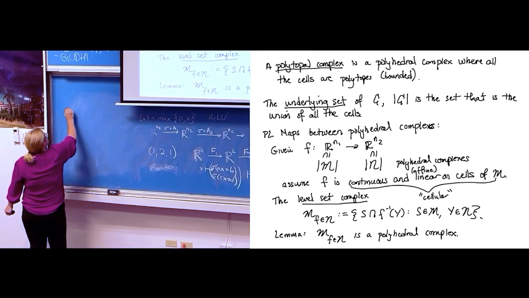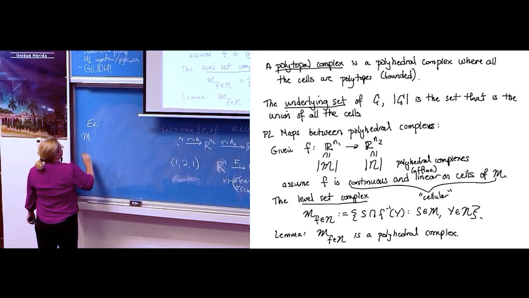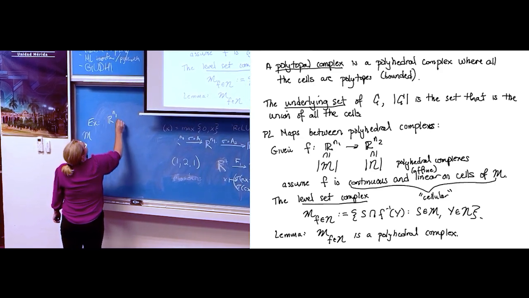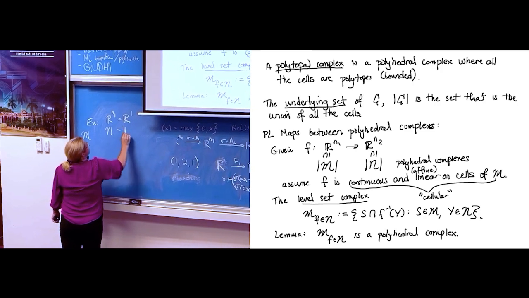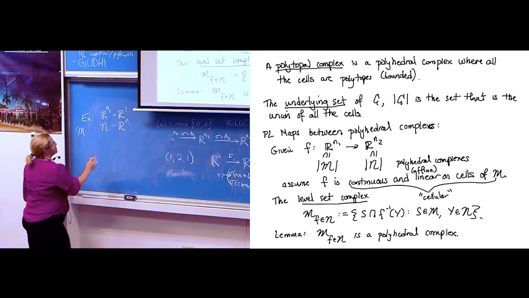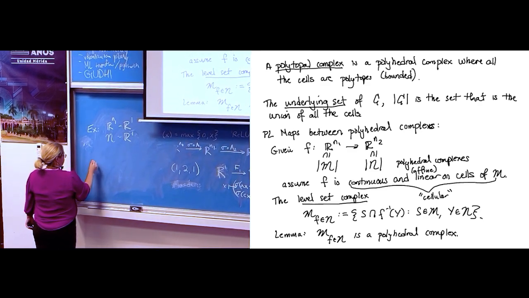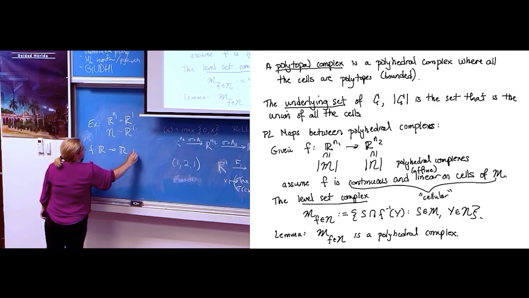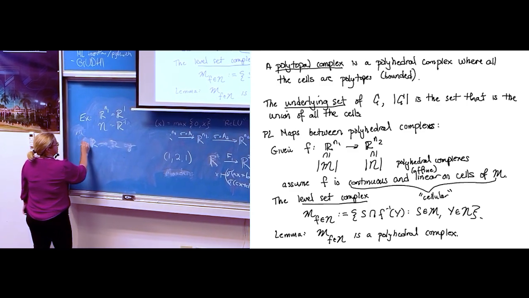Here's an example. Let's say we're going to be on R^1, and N is also R^1, and my function f goes from R to R by, I'm just going to make up something. I need to give myself a polyhedral complex.